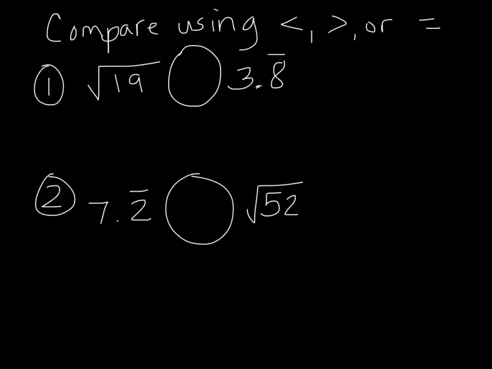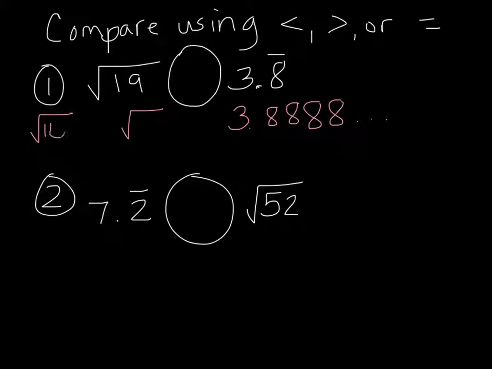All right, this next set we're just comparing using less than, greater than, or equal. So what you'd want to do is compare the square root of 19 with 3.8 repeating. So we all know that 3.8 repeating looks like this. The 8 just keeps repeating. Now the square root of 19, I want to think to myself, what perfect squares would 19 be between?